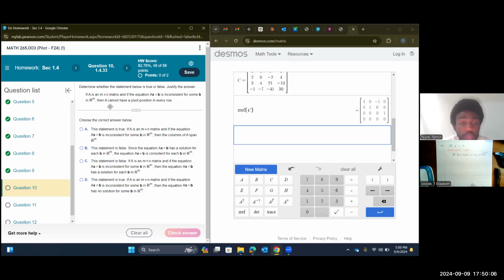Go back to theorem 4. The correct answer is true: the equation has no solution for some B in Rm. That's exactly right.